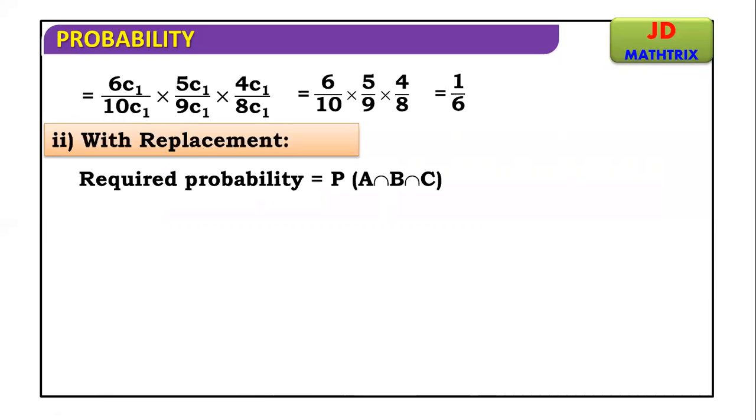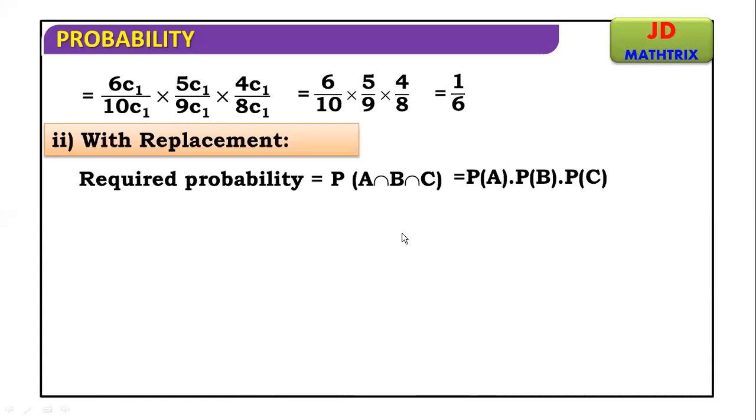That means P of A intersection B intersection C can be written as P of A into P of B into P of C. That means the probability of drawing a red ball in the first draw, that is 6C1 by 10C1. Now we are replacing the ball into the bag. So therefore, now the total balls 10, the composition becomes unaltered.